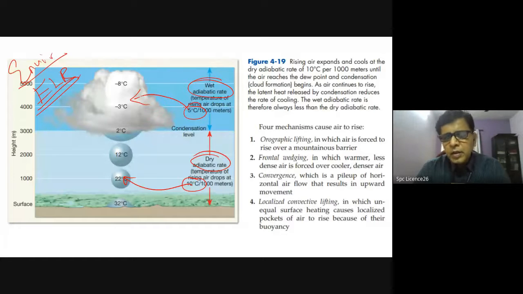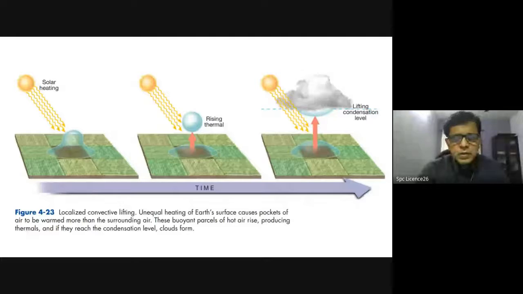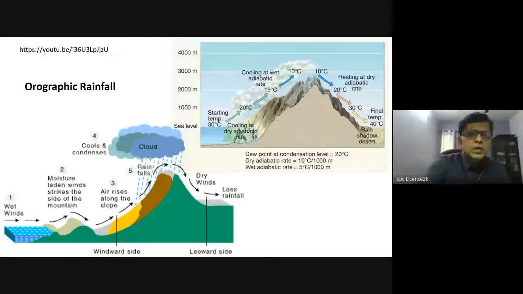This rising is actually an output of what is called instability. There are four types of mechanisms that cause air to rise. We have orographic, which we have seen earlier.